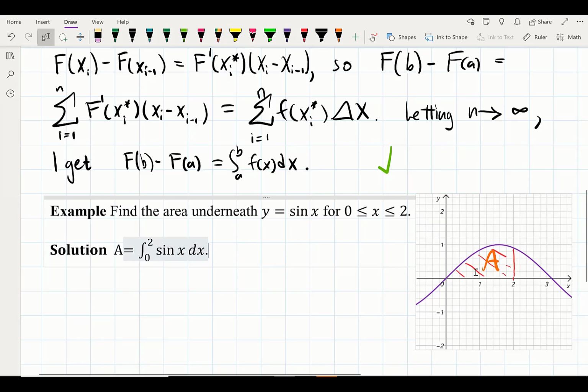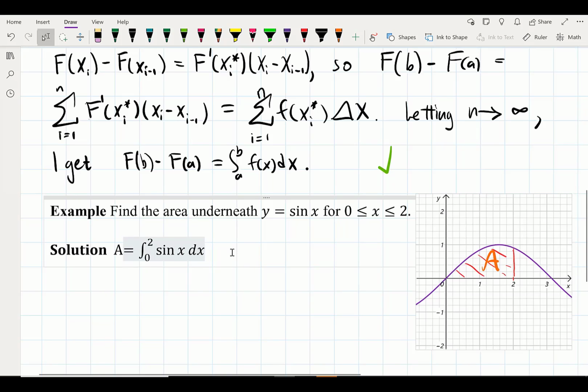Because it's not like A is made up of triangles or circles. Now we could try computing some Riemann sums, and that sounds horrific. I don't even want to try going down that path. Fortunately, we have a new theorem which we can apply, which says that all we need is to know what an antiderivative of sine is.